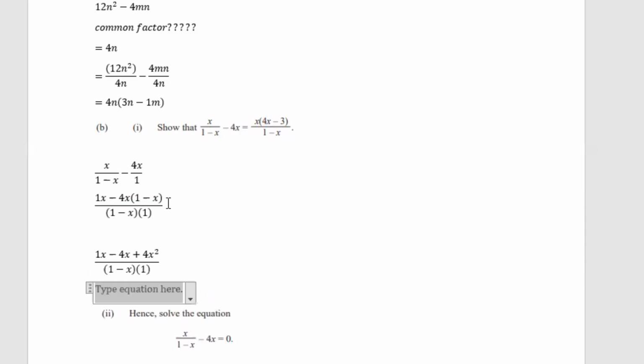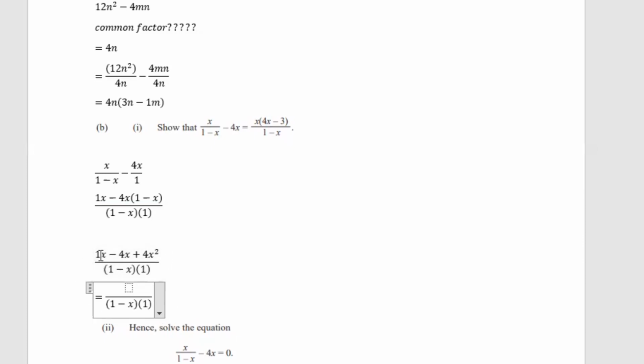So now this 1x minus 4x will leave us with a minus 3x, and we have back our plus 4x squared.